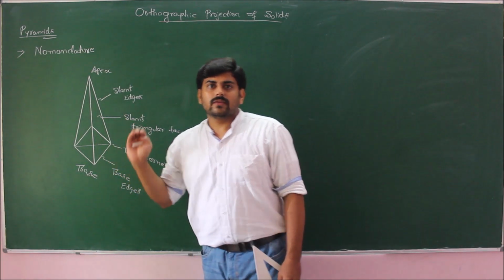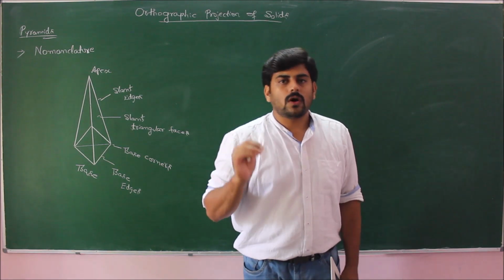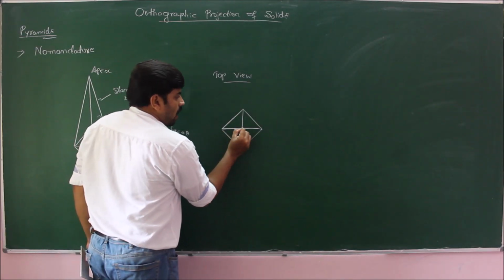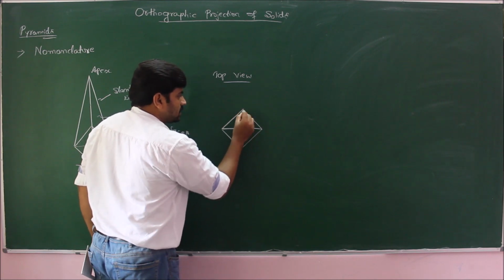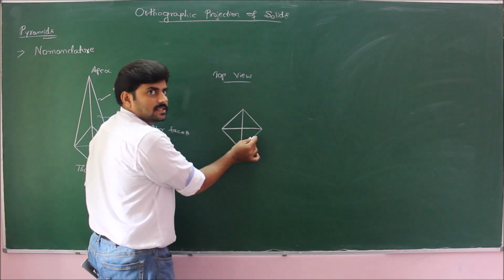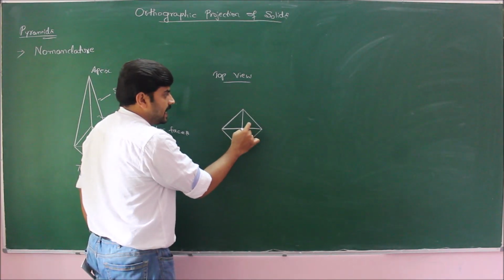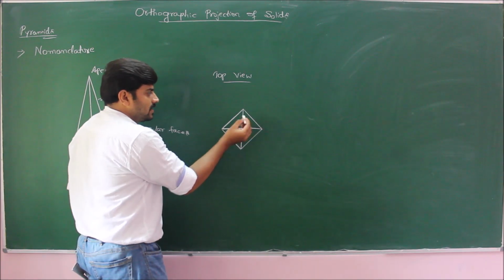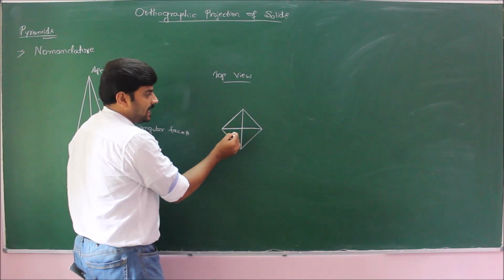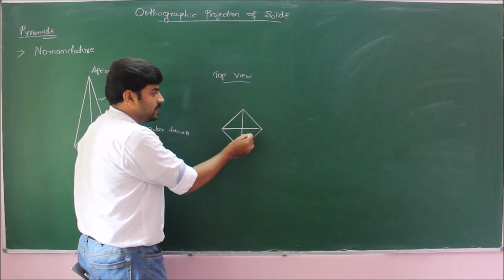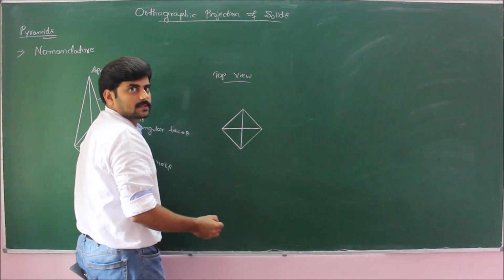Therefore, whenever we are marking the top view of a pyramid, from the center we should join all the base corners with a dark line with the same thickness as the base edge thickness. This indicates the slant triangular faces: slant triangular face number 1, 2, 3 and 4, with their apparent dimensions.